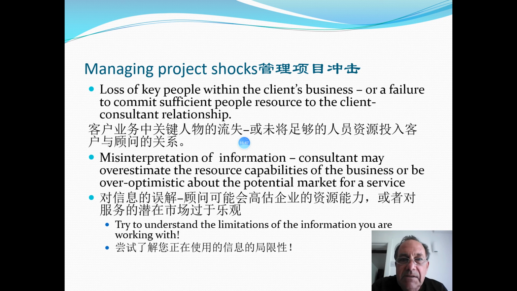So we had to manage that by going back to them and saying, we need to look at this from the original viewpoint, because we don't have the resources to carry out all of the research you're now asking us to do. So we need to try and understand what the limitations are that we're working with in relation to these kinds of shocks that may have an impact on the project itself.